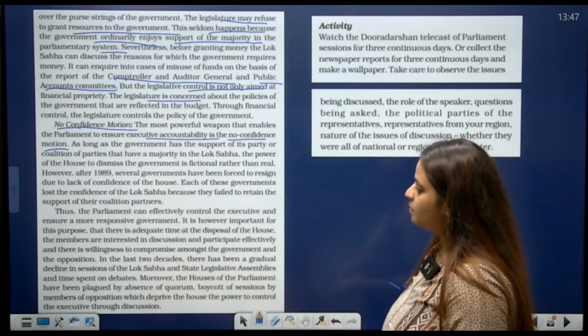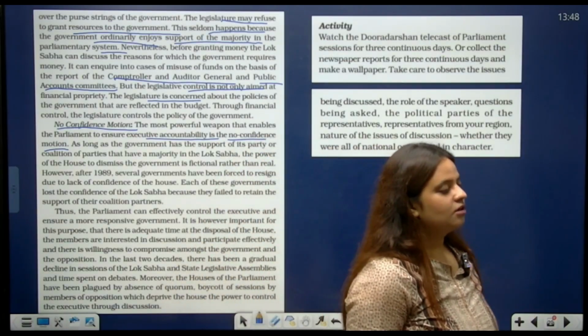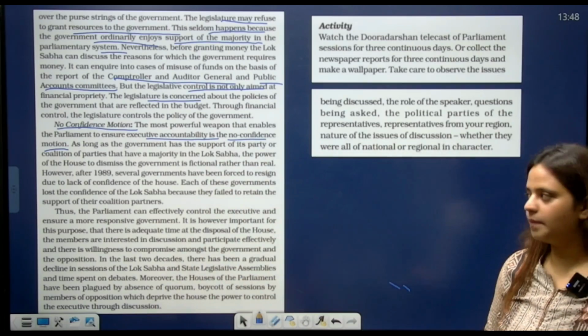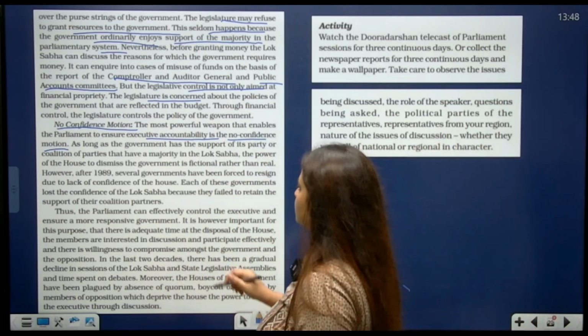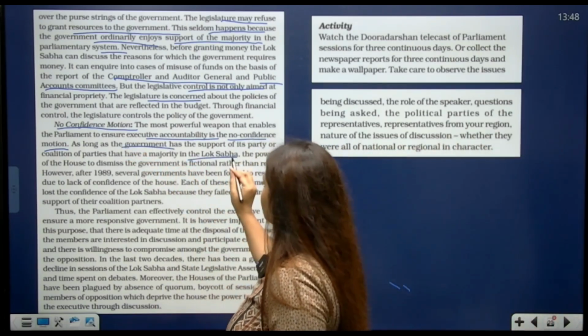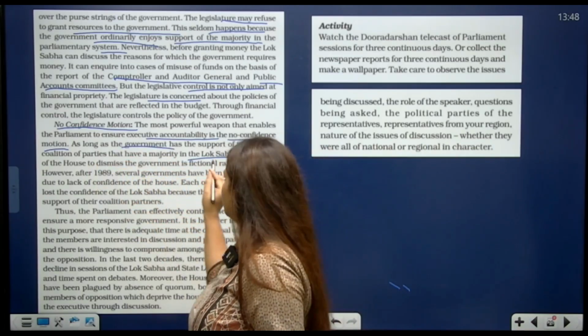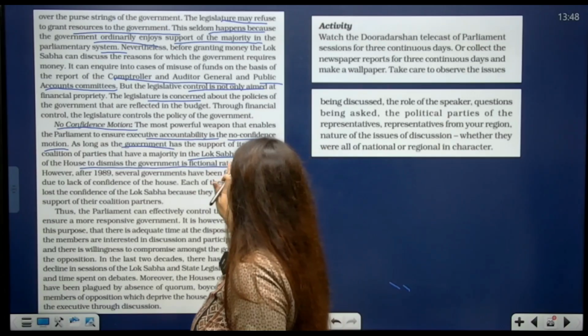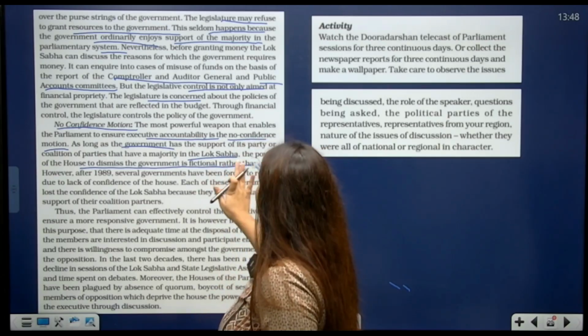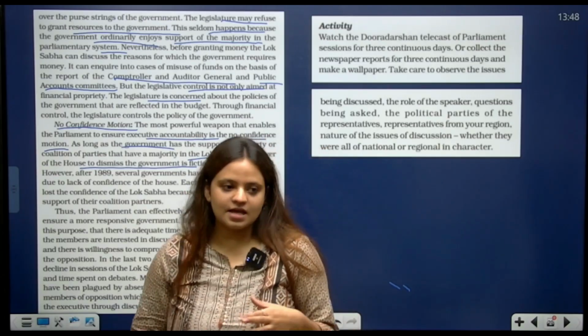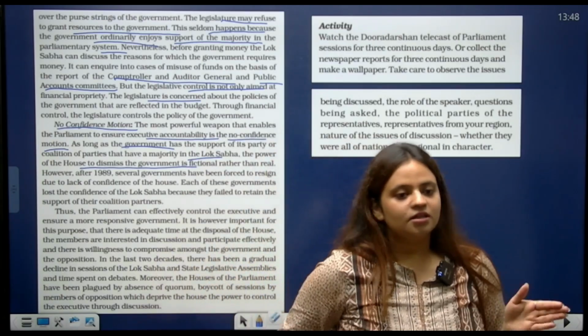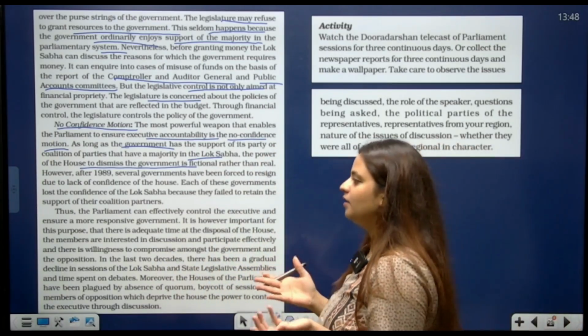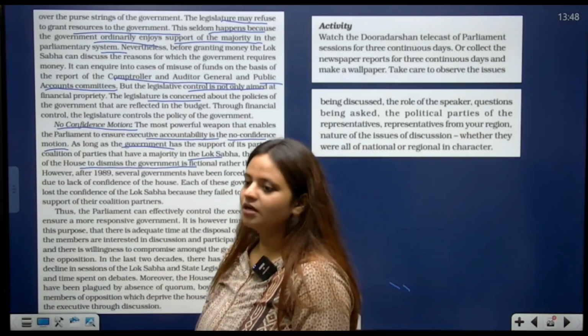So as long as the government has full support in the parliament, a majority in the parliament, the power of the house to dismiss the government is fictional rather than real. If the ruling party has the majority in the house, then dismissal of the party is very unreal.